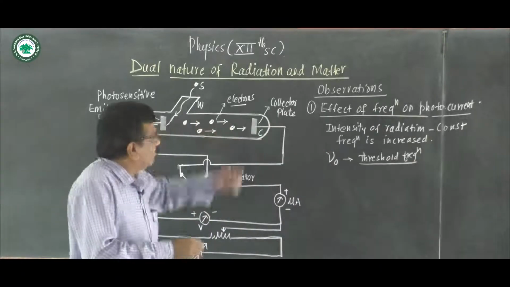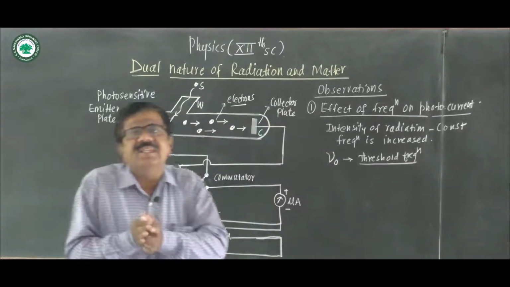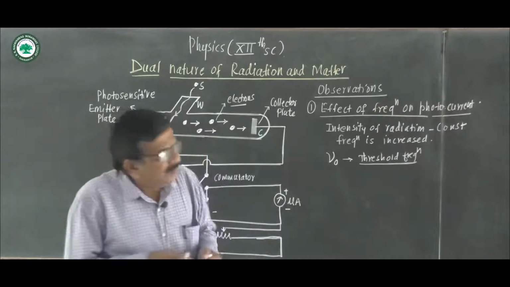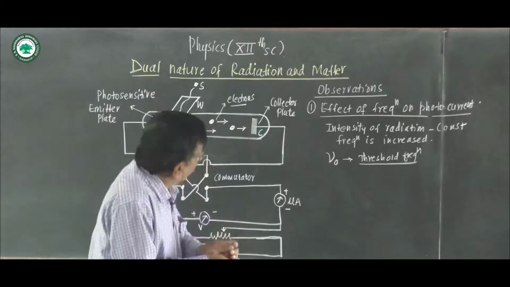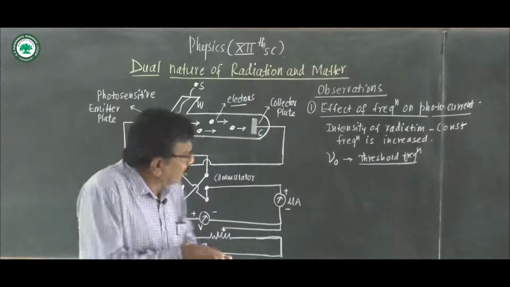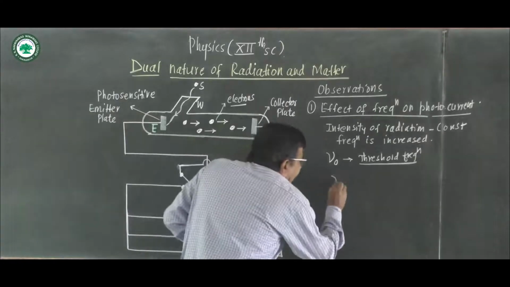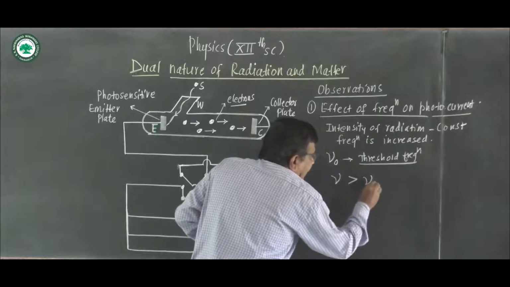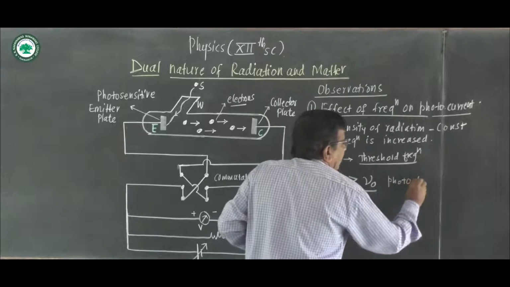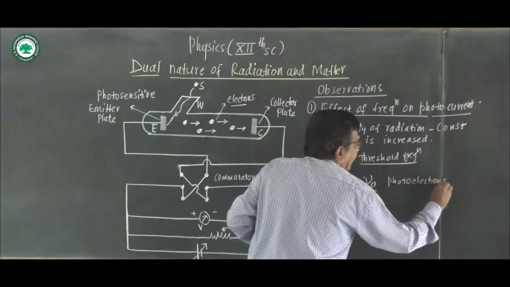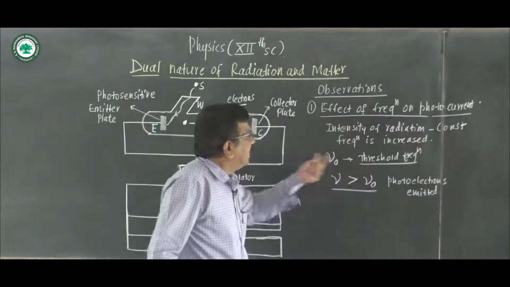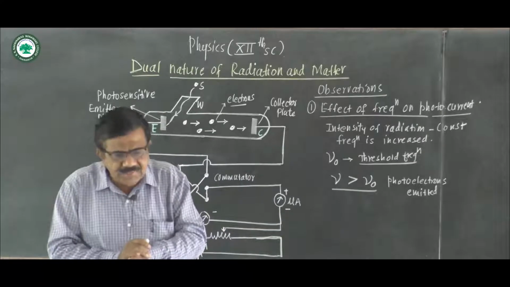At high frequencies photoelectrons are emitted, but at low frequency they are not. If the frequency of incident radiation is greater than the threshold frequency, photoelectrons are emitted. Below this threshold frequency, there is no photoelectric emission.